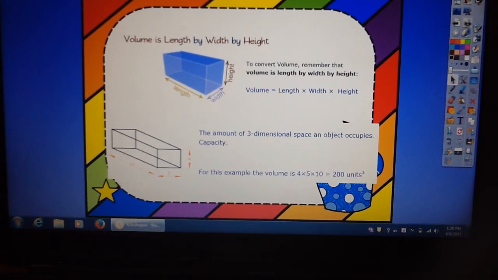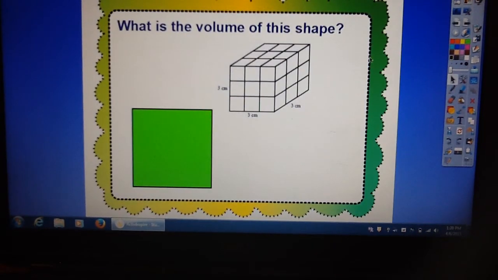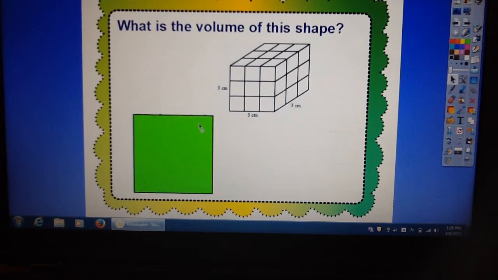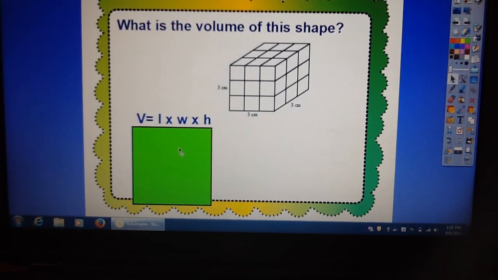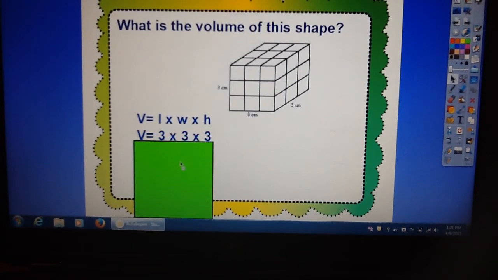Now we're going to try some. If we want to find the volume of this shape, we need to know what the actual formula is. So we said it was length times width times height. So we have our length times our width times our height. And since it's a cube, we all know that it's all 3.